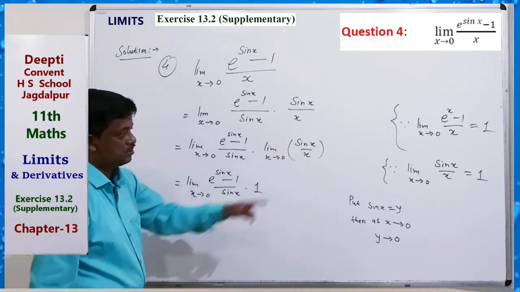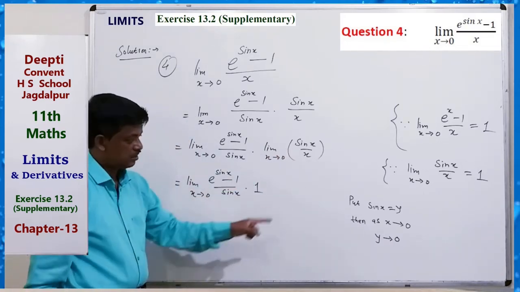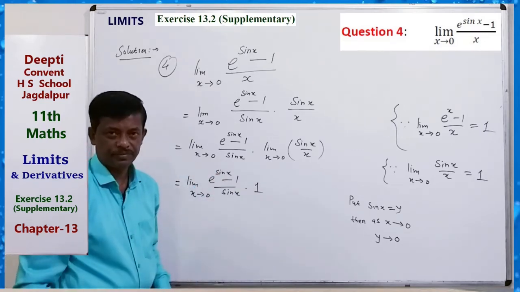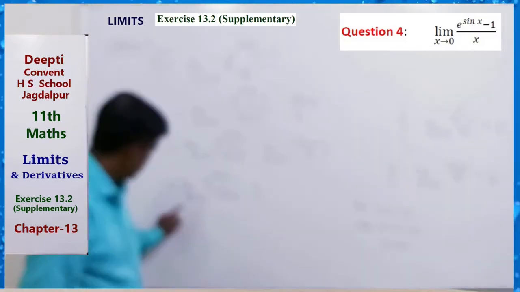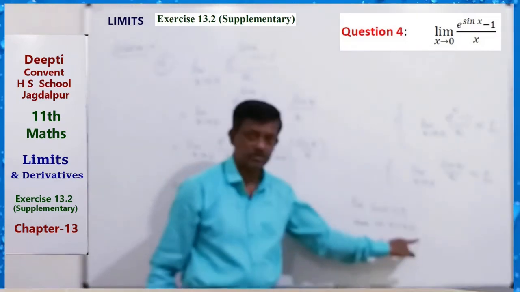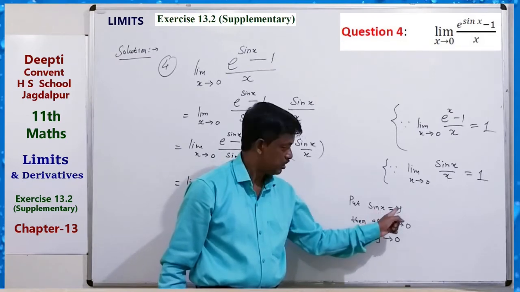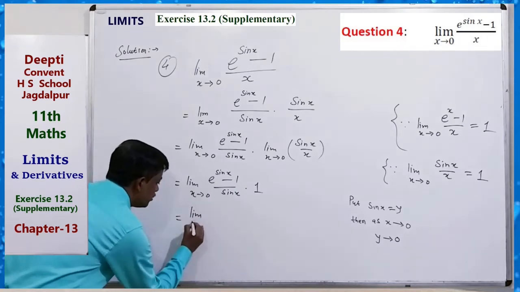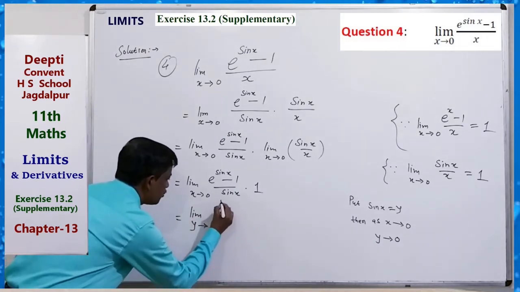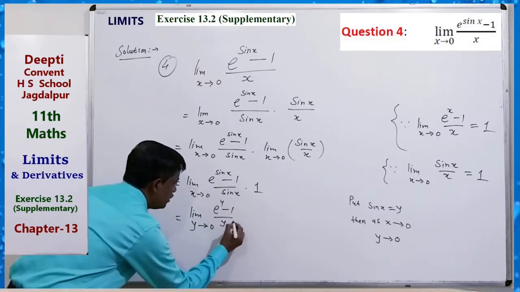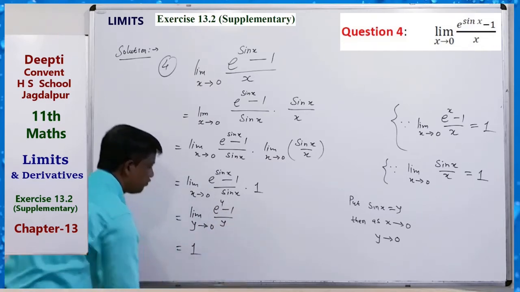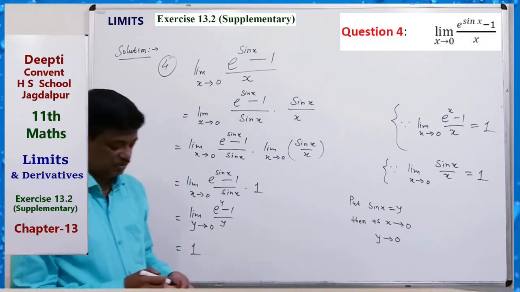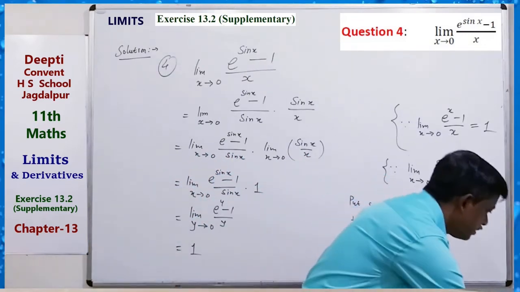This 1 is by using the formula. Now in this, sin x equal to y, in place of sin x we put y. As x tending to 0, sin x tending to 0, so y tending to 0. So we can write limit y tending to 0 of (e to the power y minus 1) upon y is equal to 1. Again using this formula. So the limit is 1.